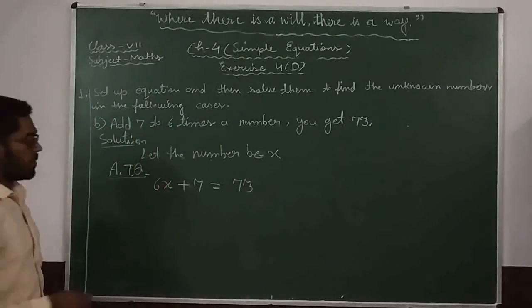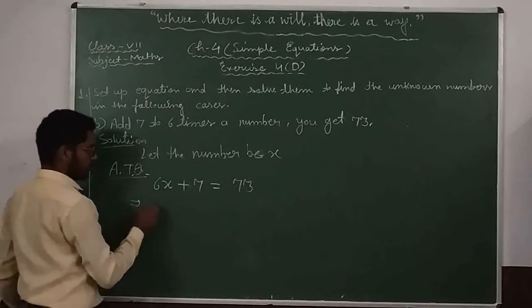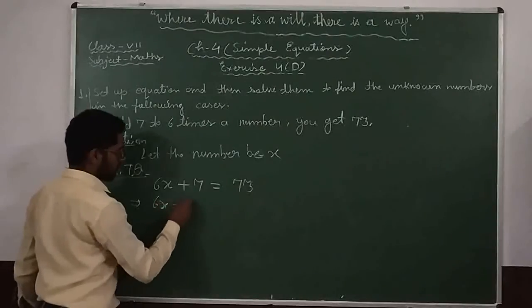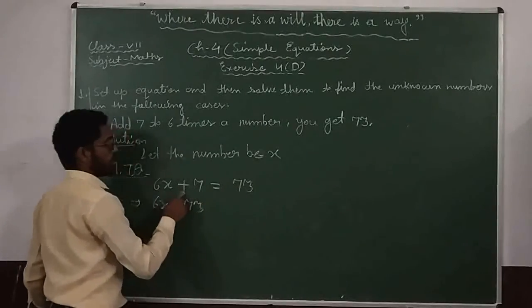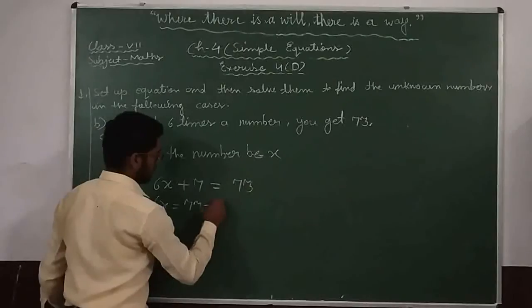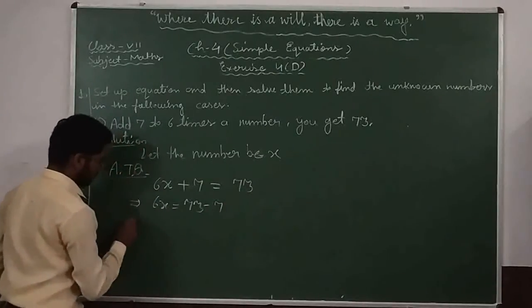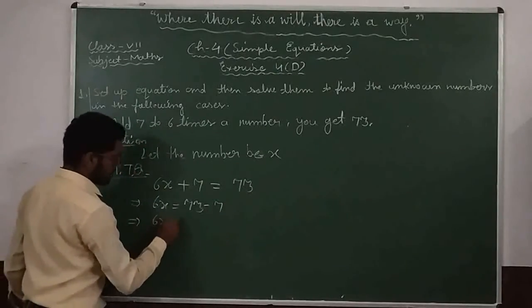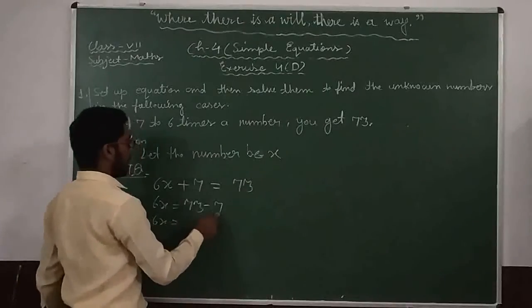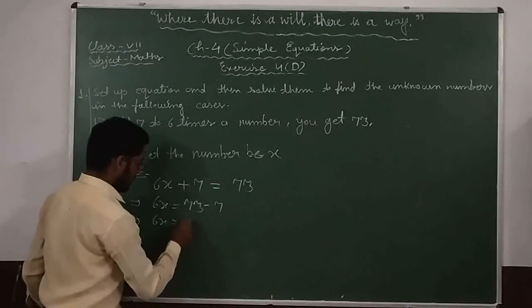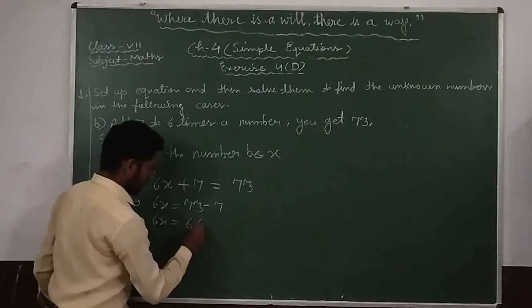Now solve this equation. 6x + 7 is equal to 73. Transpose plus 7 to the RHS, minus 7. Now 6x is equal to 73 minus 7, which is 66.